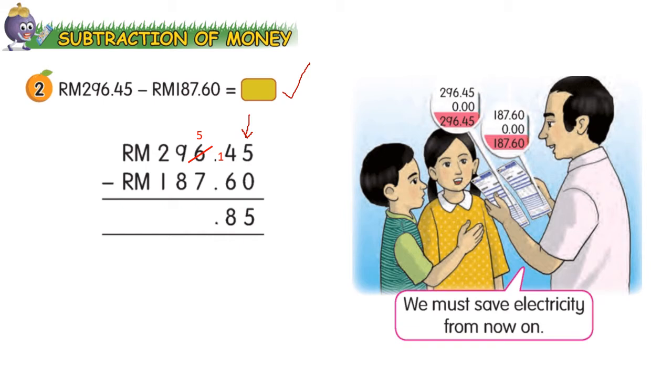Put in the right place. So 5 minus 7. 5 also smaller than 7. You have to borrow from 9. Now 5 will become 15. So 15 minus 7 is 8. 8 minus 8, 0. 2 minus 1, 1. Don't forget to write RM. So the answer for this question is 108 ringgit and 85 cents.